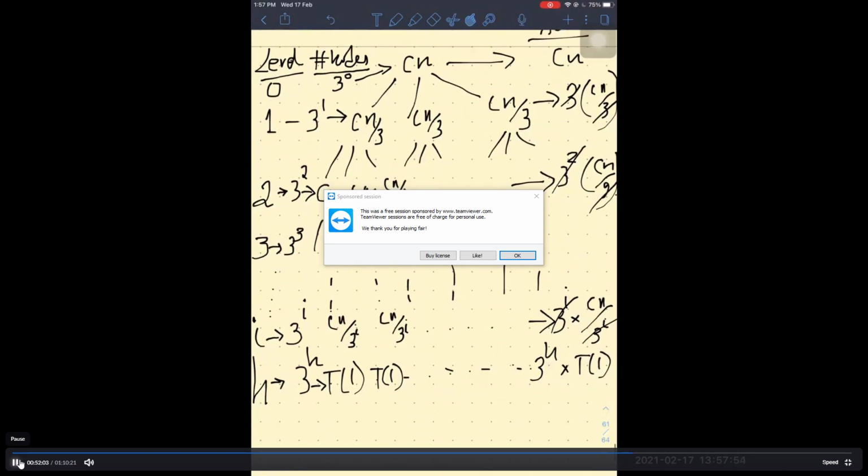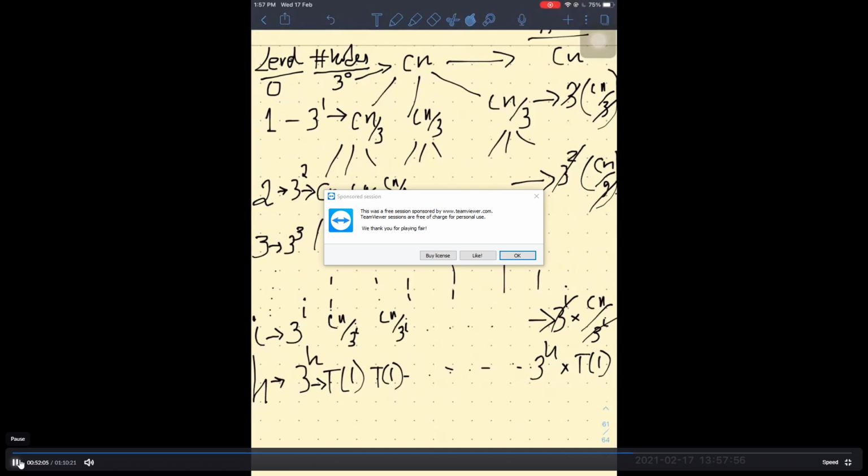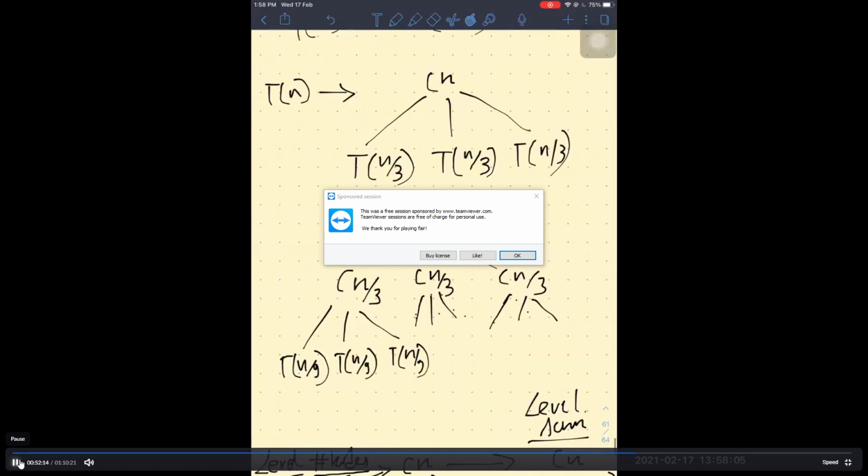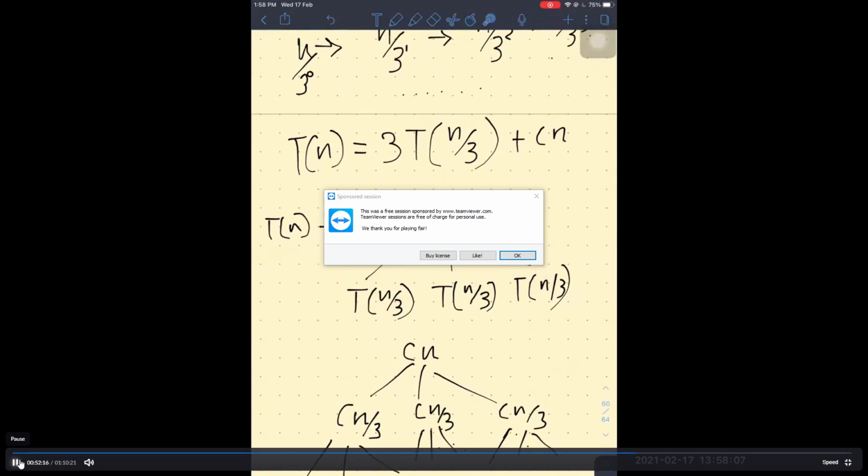The main part of the algorithm is just following those branches of the tree or the levels of the tree, but the values will depend on the equation or the function that is given to you. The basic algorithm is that you have to follow the levels and get their sums, but those sums will depend on the values of those functions that are given to you.